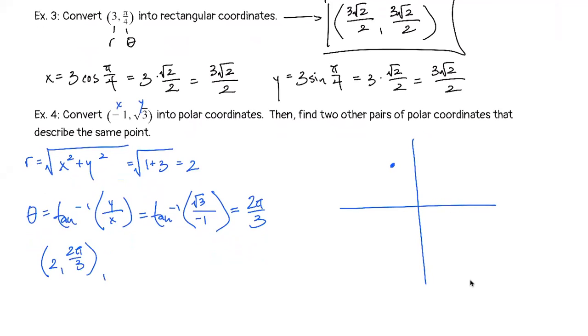What would be another name for this same point? -2, 4 pi over 3.